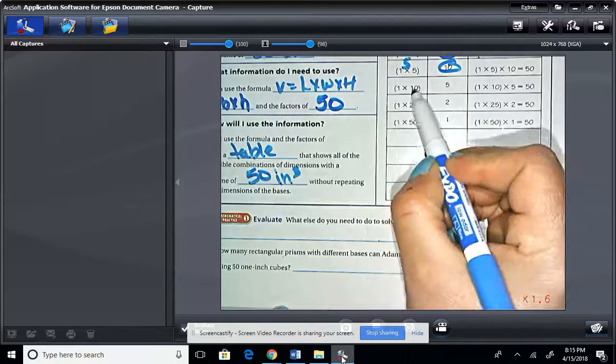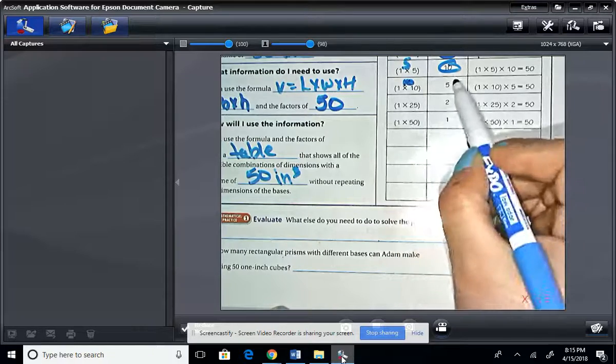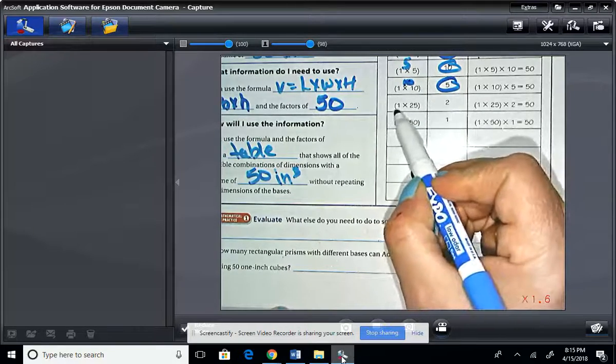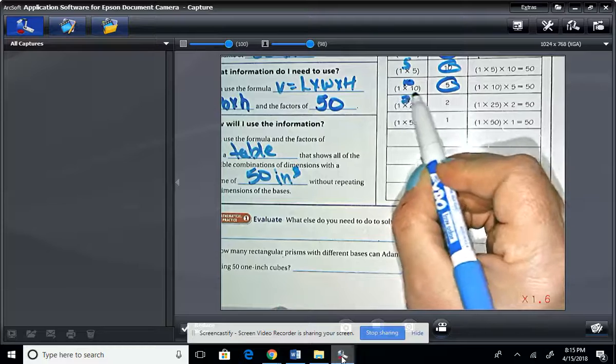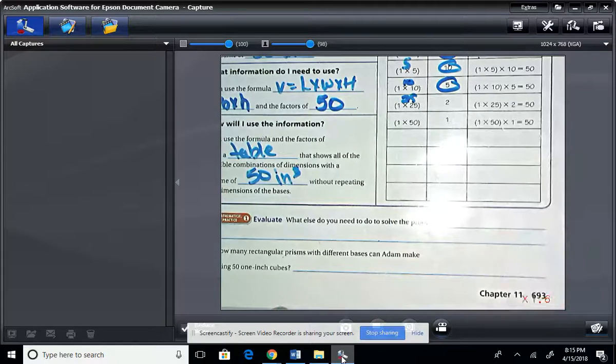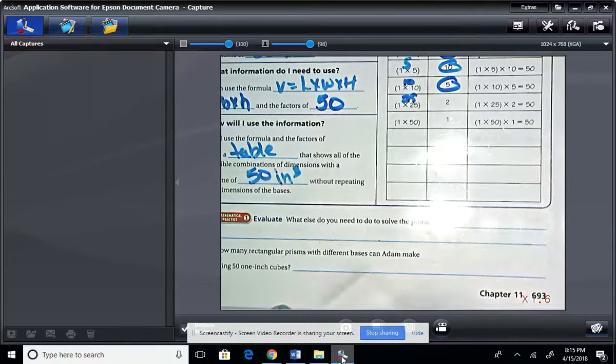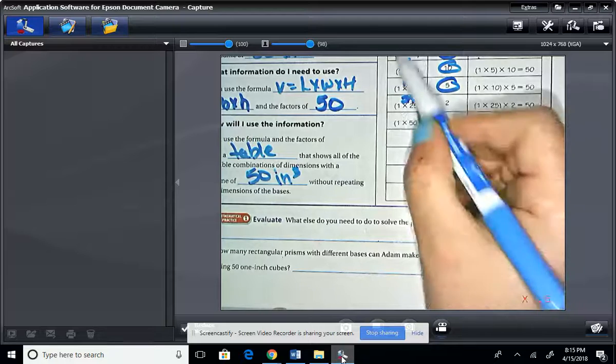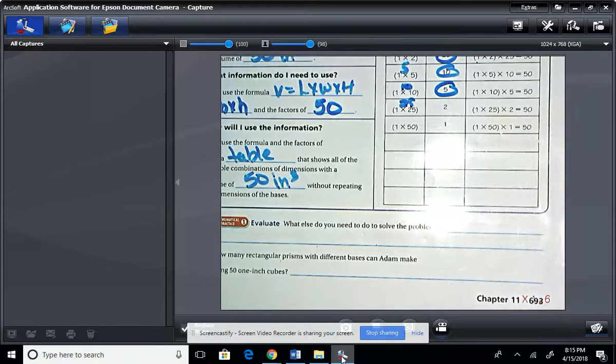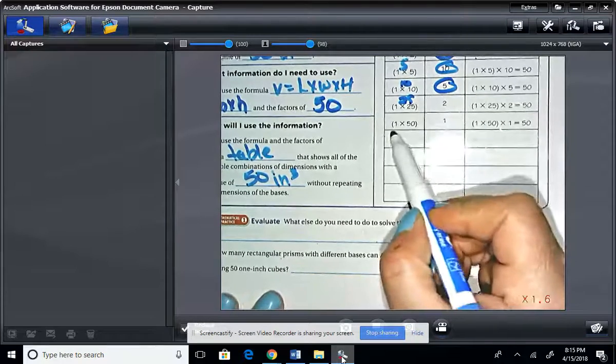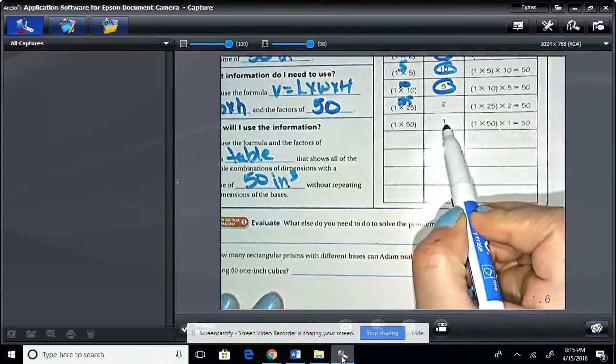So 1 times 10 is 10. 10 times 5 is 50. 1 times 25 is 25 times 2 is 50. So we've pretty much run the gamut on just having one side, the length or the width of just 1. Or 1 times 50 and 1 height.